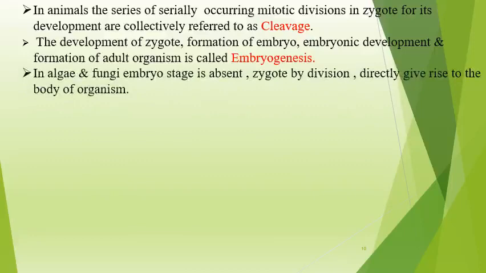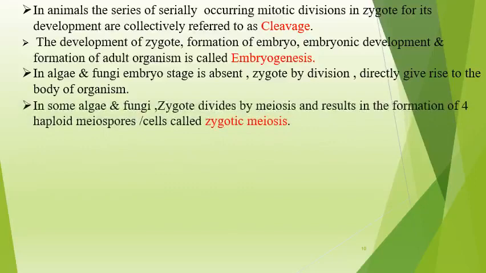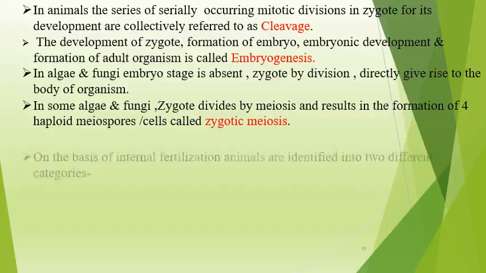In algae and fungi, the embryo stage is absent, while the zygote by division directly gives rise to the body of the organism. In some algae and fungi, the zygote divides by meiosis and results in the formation of four haploid meiospore cells, called zygotic meiosis.